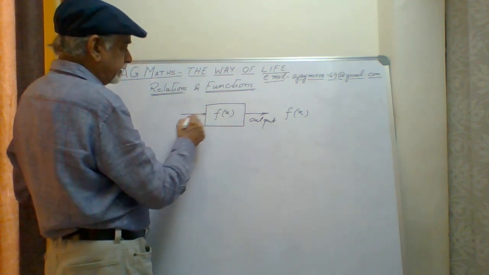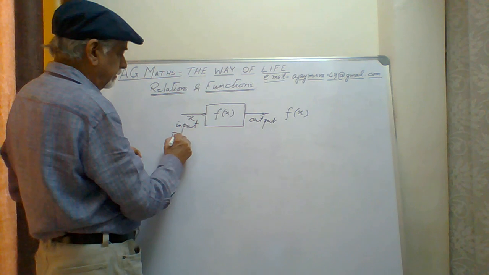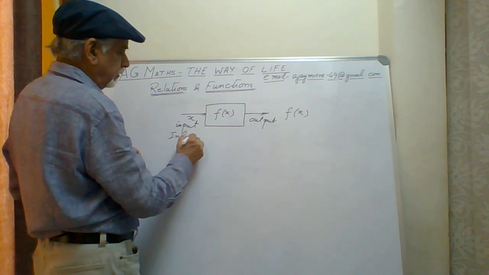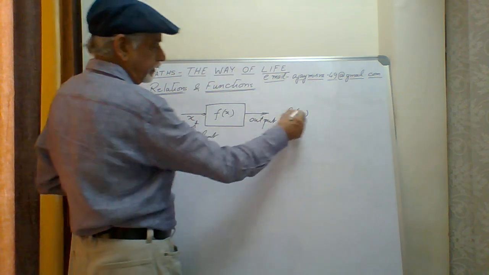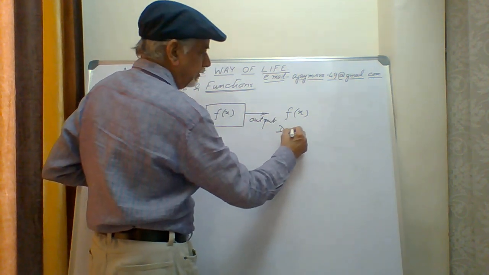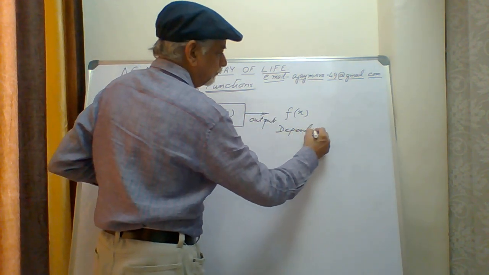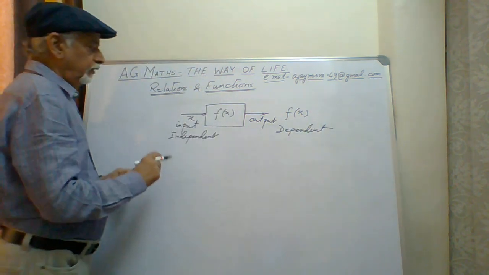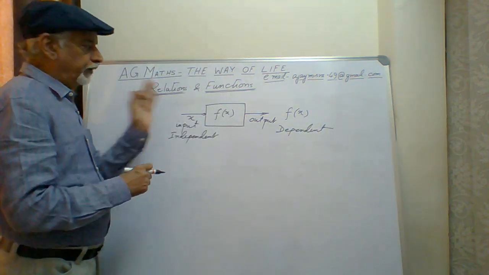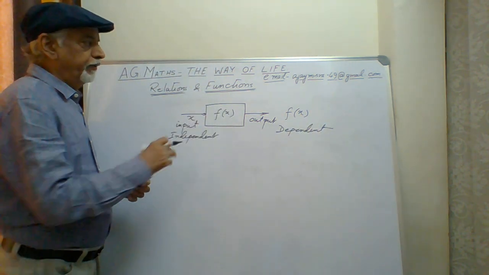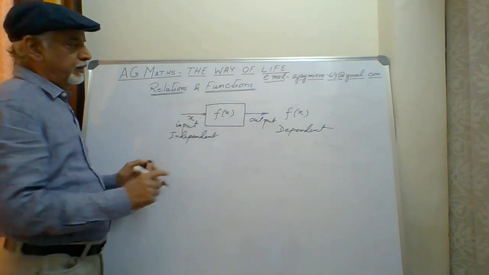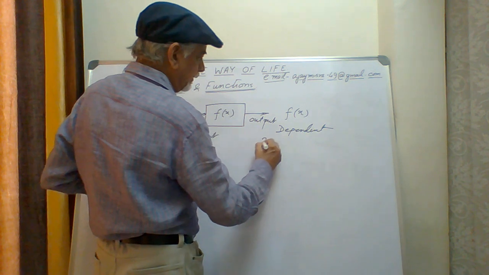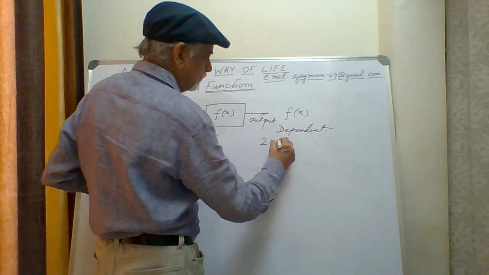Now this x is called the independent variable, and here what we get is dependent. So when an independent variable is put into a box, we get a dependent variable depending on the value of x. Suppose we get here 2x plus 3.